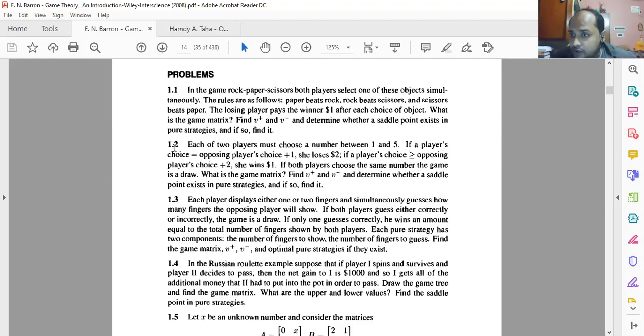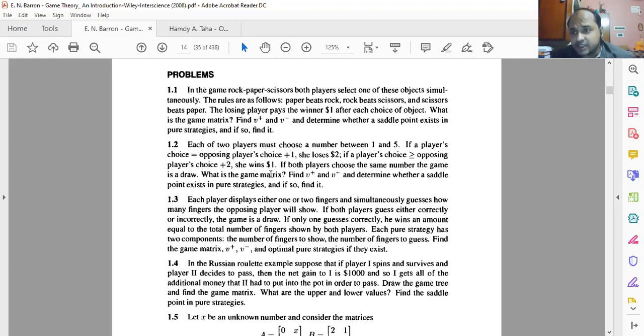If you have not copied it, copy both these problems 1.2 and 1.3. If you are finished copying but time is still there, start to try to find out the game matrix. If you are able to find the game matrix, then you can try to find the value of the game and saddle point.